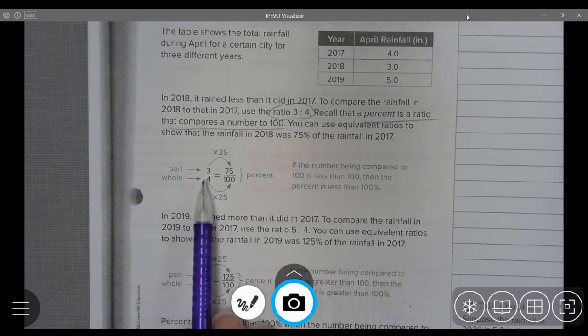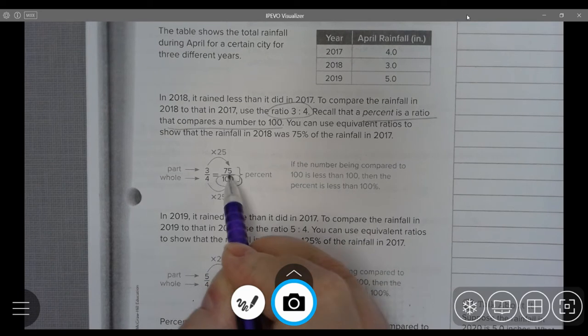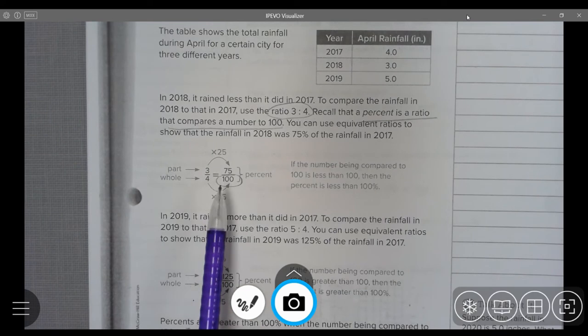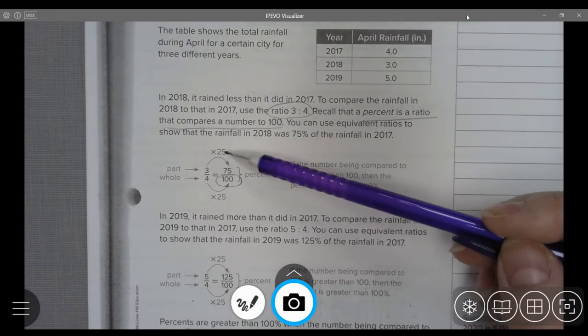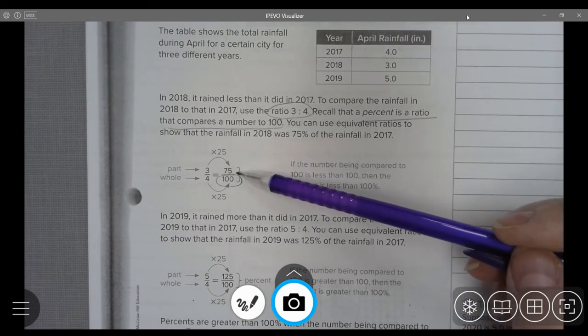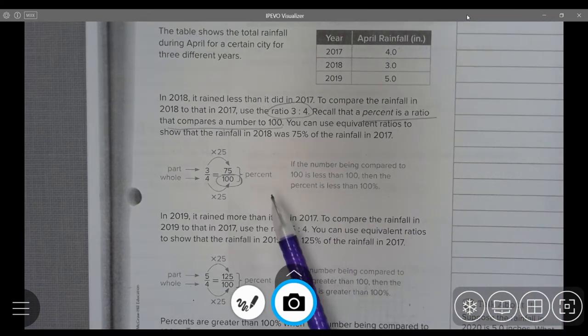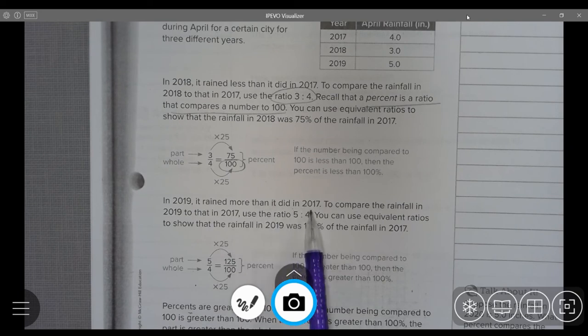We have a part to a whole, so 3 to 4, and then we would make it so that the number is being compared to 100, because remember up above it compares to 100. We can get the 4 to 100 by multiplying it by 25, and then we do the same thing to the 3. We times it by 25 to get 75. So if we have this 75 over 100, we know that it would represent 75%.